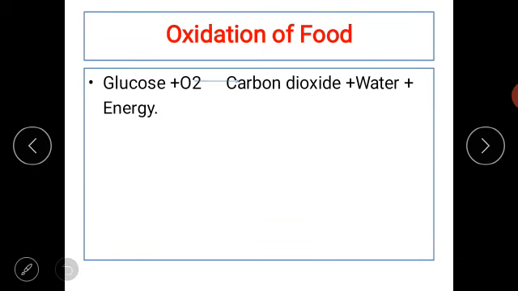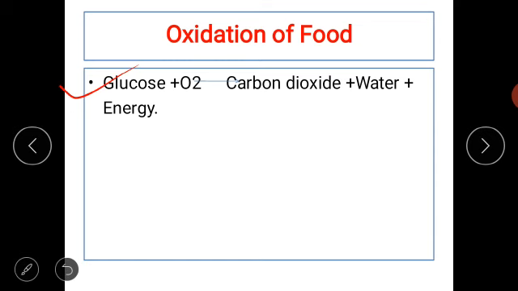So here I would like to show you the reaction of oxidation of food, how food is oxidized and how energy is released. So when glucose plus O2 is available in the cell, glucose becomes available when we eat food and digest it.